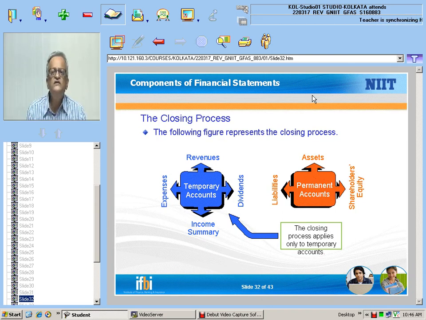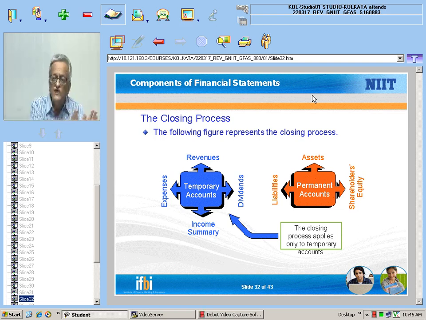So you can see what is here. Temporary accounts. What are temporary accounts? Revenue and expense accounts. And the income summary account: the difference between revenue and expenditure is transferred to the retained earnings account in the equity section of the balance sheet through the income summary account. So the revenue accounts are debited, income summary account is credited.